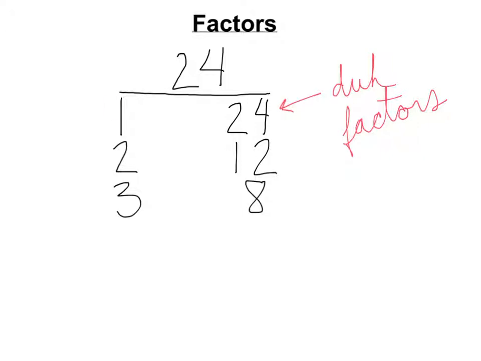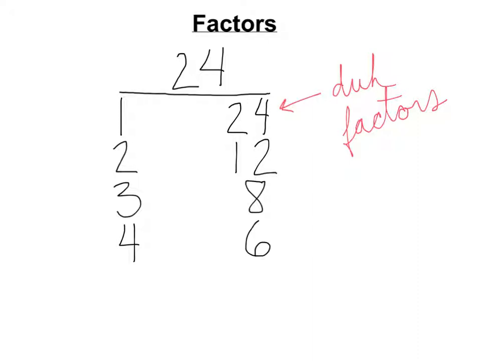Keep counting. 1, 2, 3, 4. Also, we had that from our example before. 4 times 6. Keep counting. 1, 2, 3, 4, 5. Does 5 go into 24? No, it doesn't. At least not without a remainder. So I'm going to skip 5.